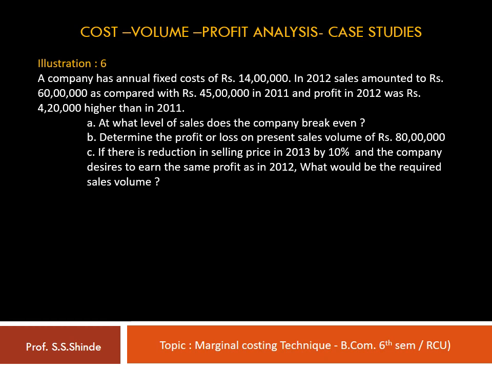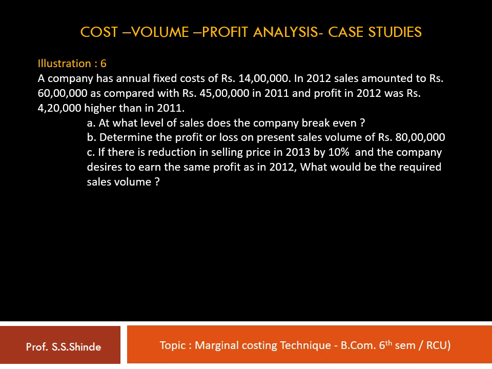So here in this particular problem, we have been given the comparative sales of two periods, that is 2011 and 2012. And at the same time, it is stated that the profit in 2012 was rupees 4,20,000 higher than in 2011. So the difference in profits is 4,20,000.